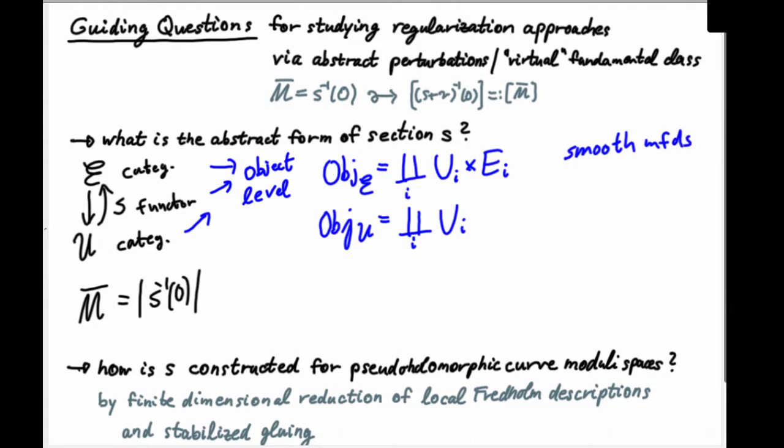With the little caveat that the U_i are smooth manifolds, the E_i are finite dimensional vector spaces. And the funny thing is that we allow the dimension to vary.